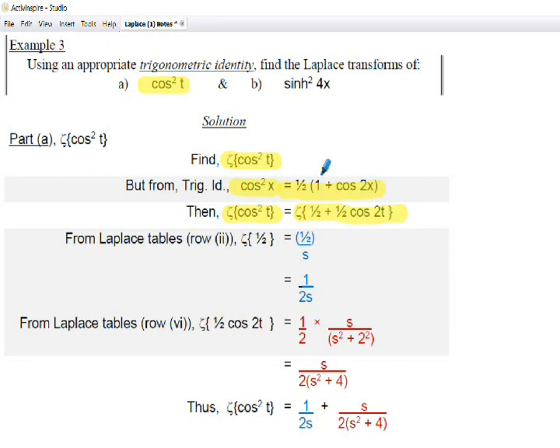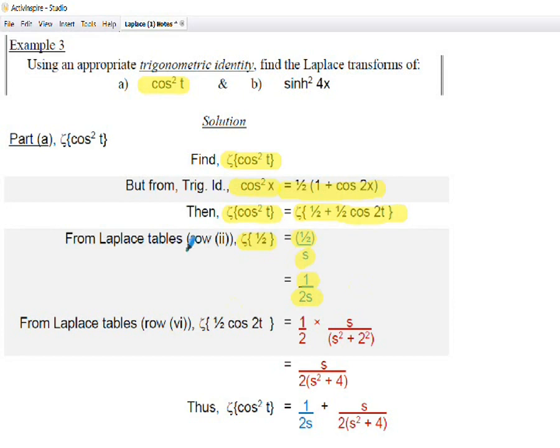Now we've got Laplace of a half, which is basically Laplace of a constant k, and we know the solution there from the table is k upon s for the Laplace transform, so that's a half upon s, or we can write that as 1 upon 2s, same thing, account for the fraction there.